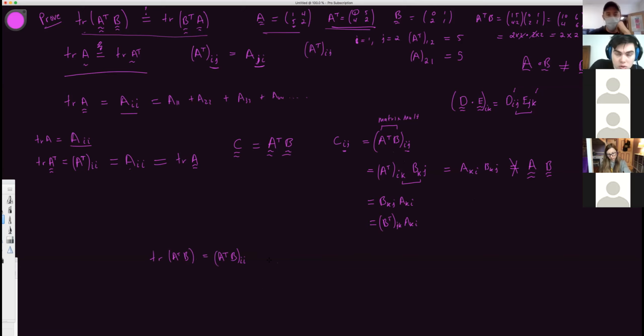Over here, I know what that is now. It's B transpose_IK A_KI, which of course is the trace of B transpose A. And then we've proved it. That makes sense? This takes a little getting used to.